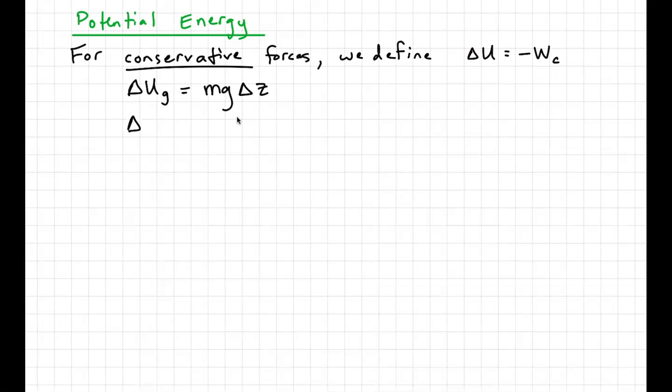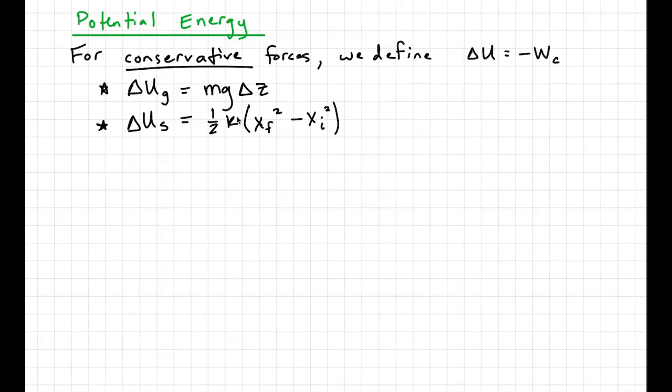The change in potential energy for a spring would be 1/2, not m, k times the difference in the squares of the initial and final positions of the spring from equilibrium, just negative the work done by the spring before. And we can define expressions like this for any conservative force that we encounter. These are the two that we looked at in the video, so those are the two that I've written down here.